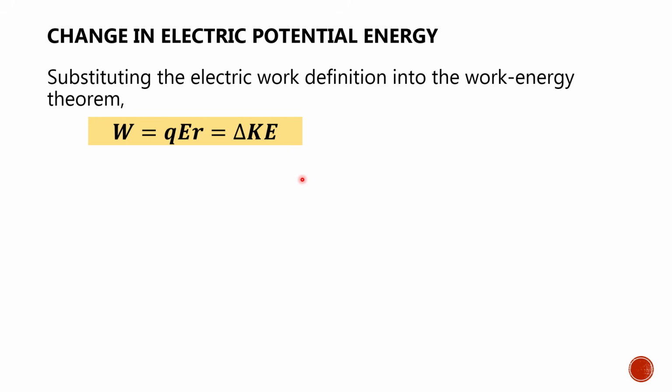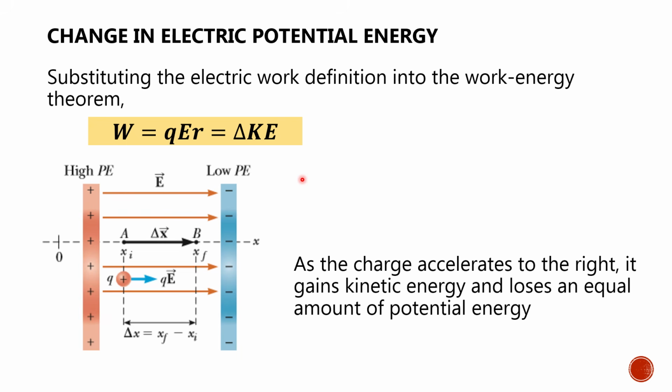We also know from mechanics that as kinetic energy increases, potential energy decreases, just like a ball rolling downhill. In electrical energy, for this positive charge, if it goes from this position with high potential energy to this position with low potential energy, there is a gain in kinetic energy.